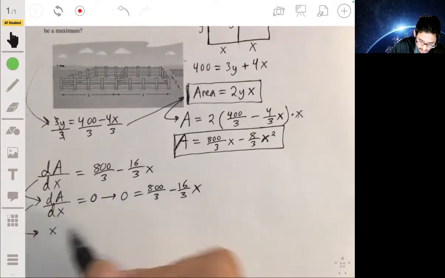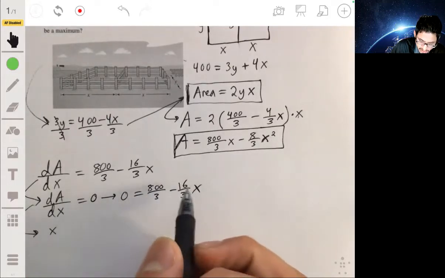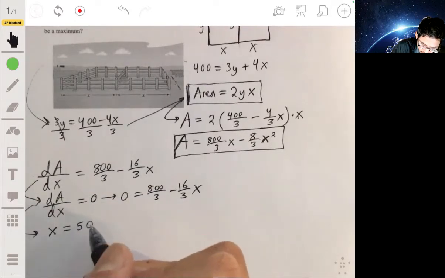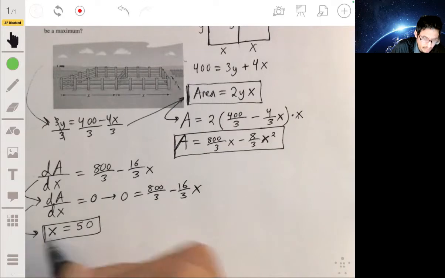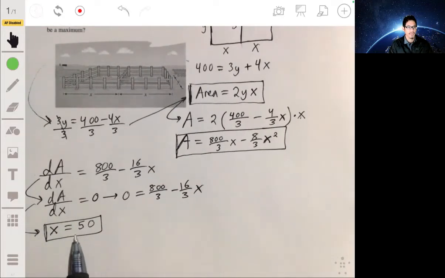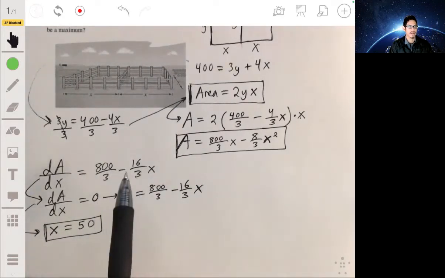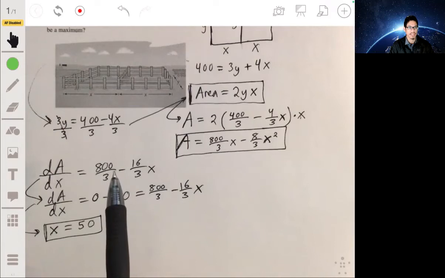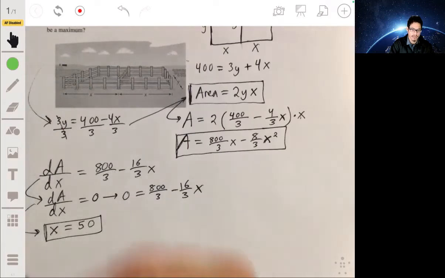Solving for x, adding 16/3 x, dividing by 16/3, we'll get x is 50. So here's one critical value. We don't have any undefined values because we can plug any value of x into this equation and we'll be okay. So this is our only critical value that we have to inspect.